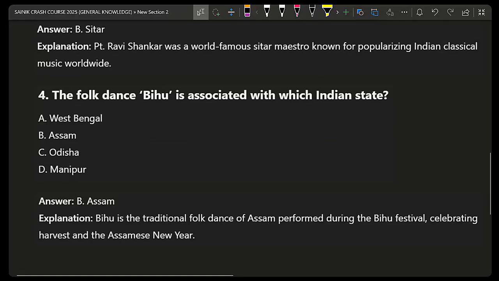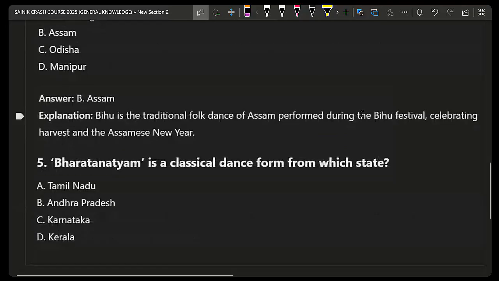I think everyone in the class is going to give the correct answer for this. Let me check. Bharatanatyam is a classical dance form from which state? Tamil Nadu, Andhra Pradesh, Karnataka, Kerala.